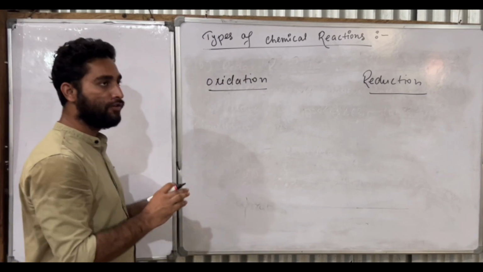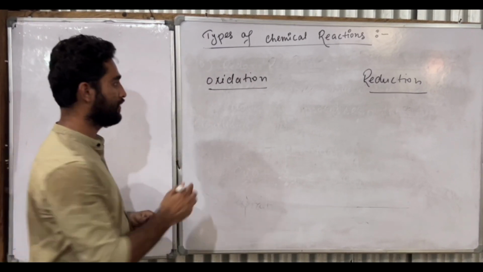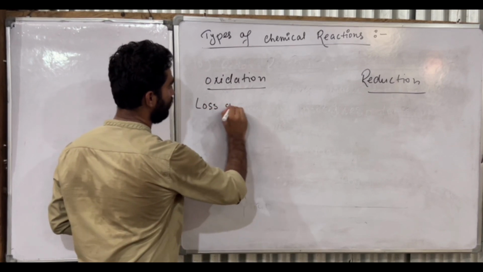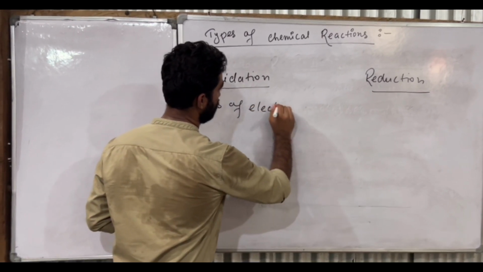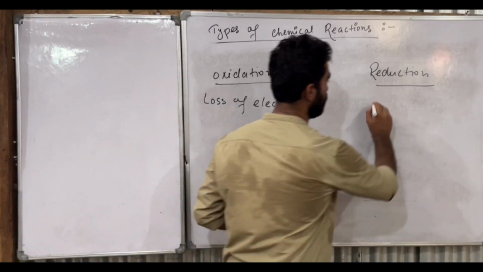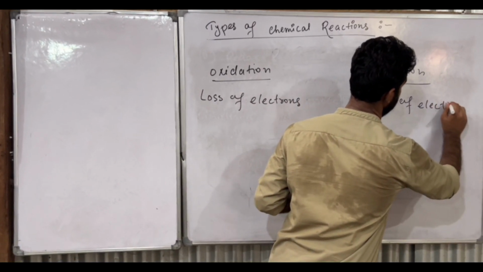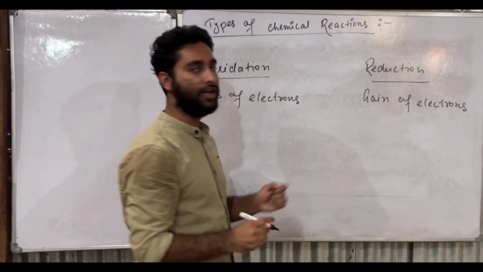So whenever any element loses electrons, see, loss of electrons is called oxidation. Whereas the gain of electrons is called reduction.